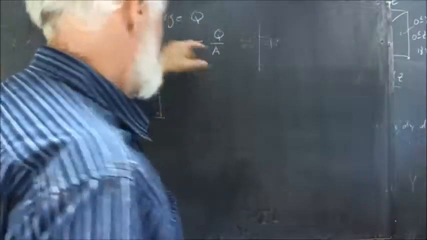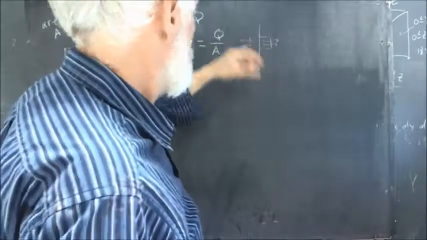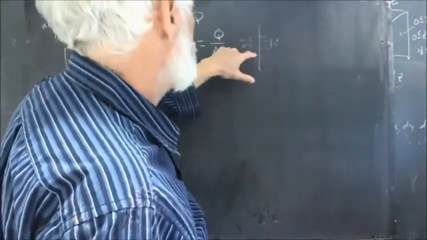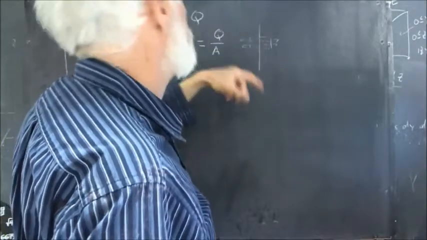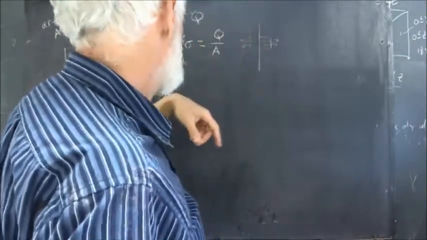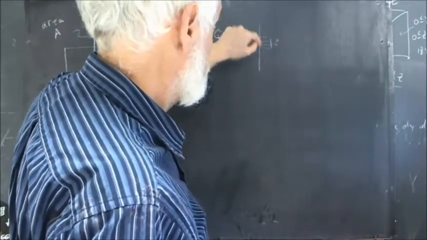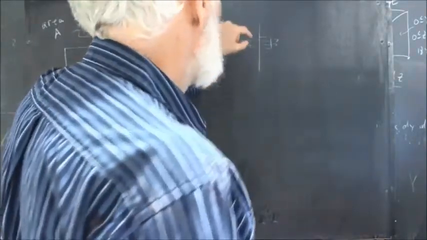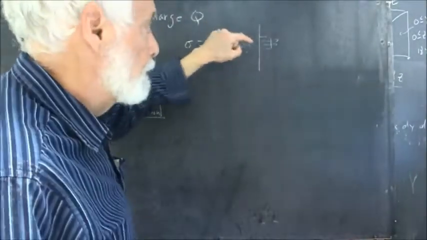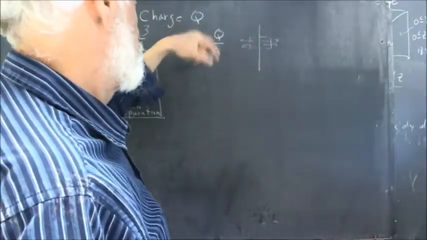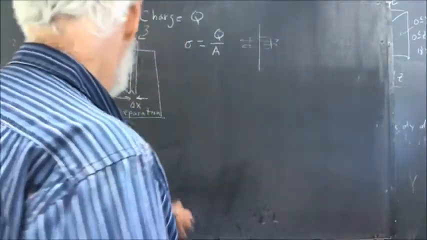We see that if the sides that penetrate the plate are perpendicular to the plate, the ends are going to have area equal to the area that we enclose here, so that the enclosed charge is just, let me back up here.